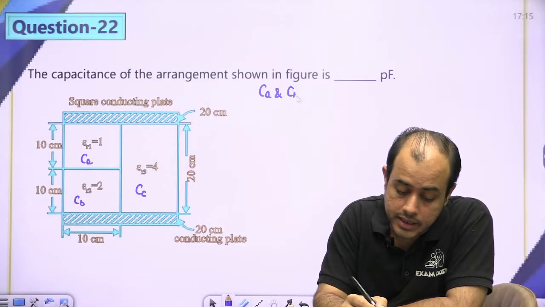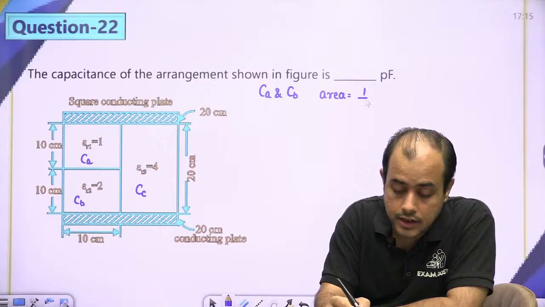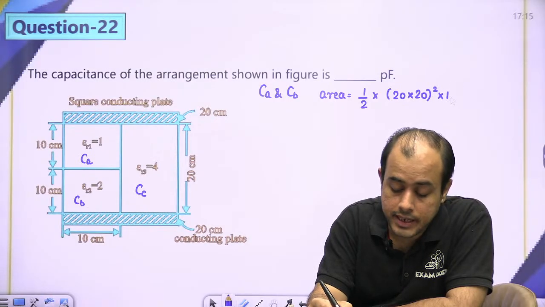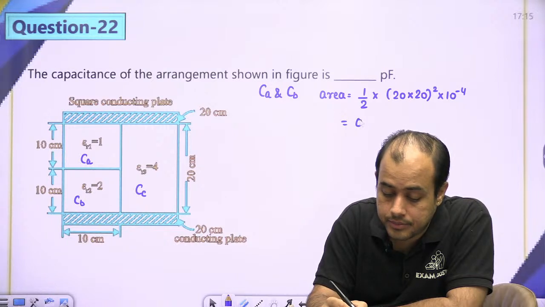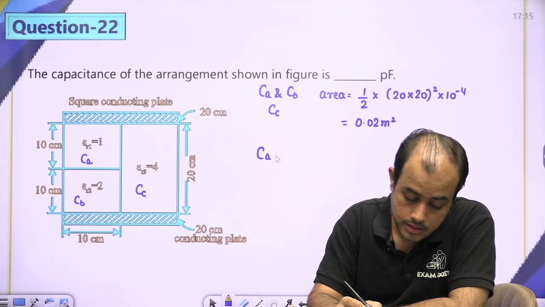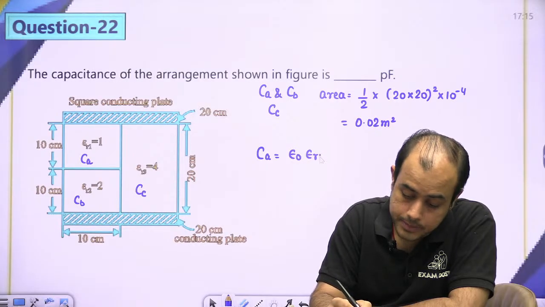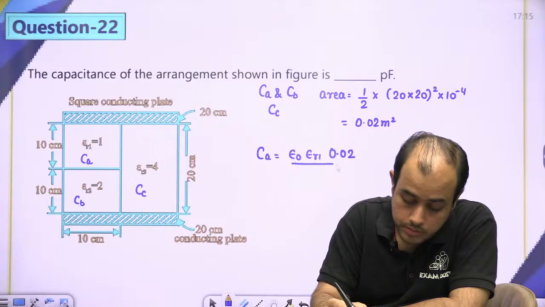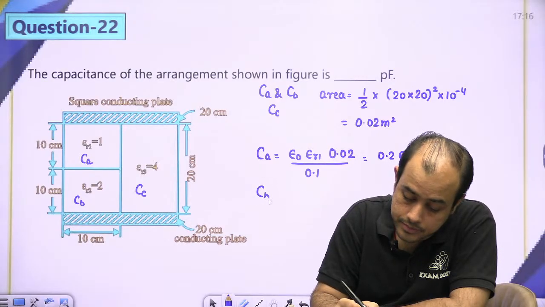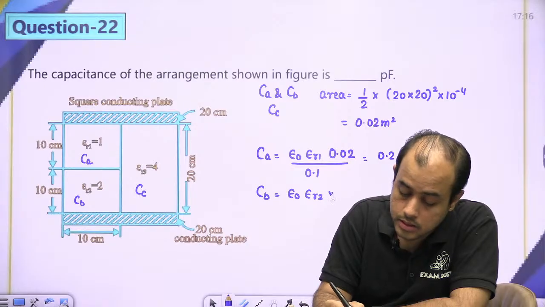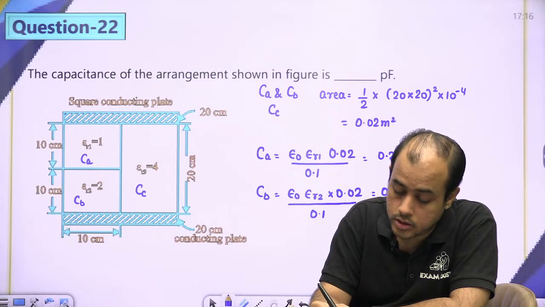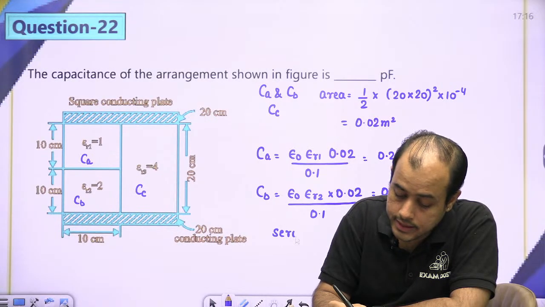So for CA and CB, area is half of 20 into 20. It is a square conducting plate, so area is 400, and half of that is 0.02. CC will also have the same. Now CA is epsilon naught epsilon R1 times 0.02 by thickness, which is 10 centimeter. CB is epsilon naught epsilon R2 times 0.02 by thickness 0.1. Now this is in series.